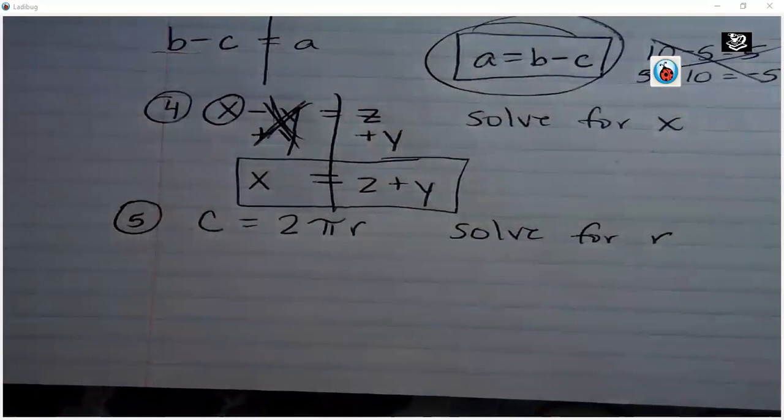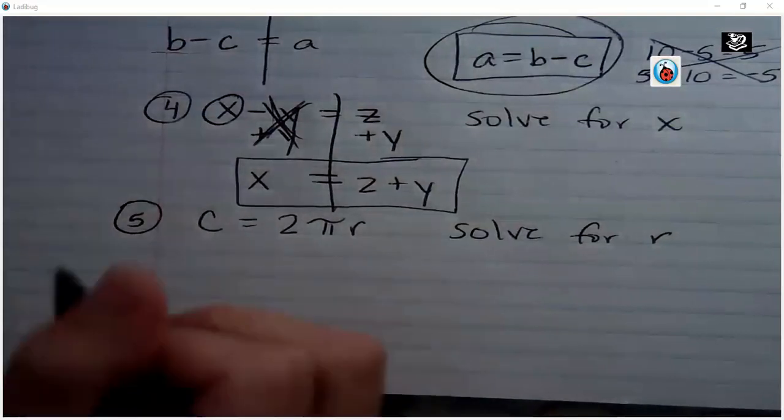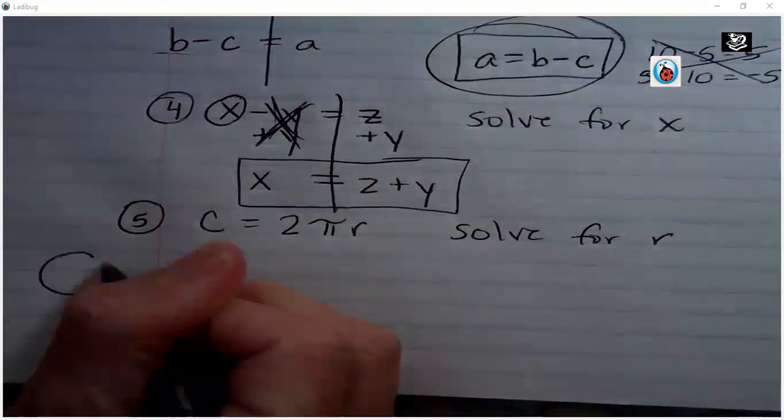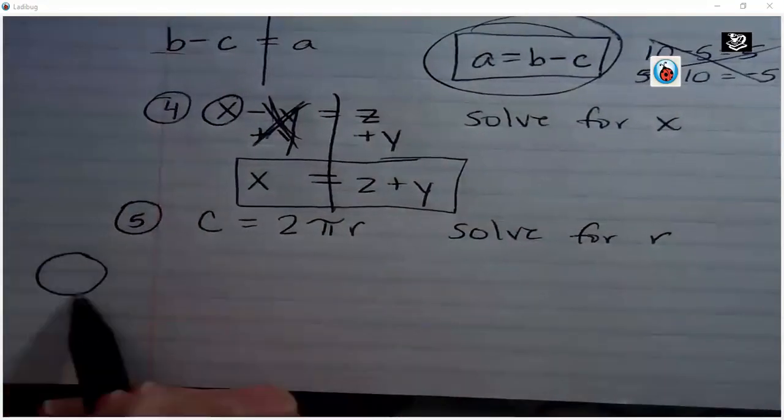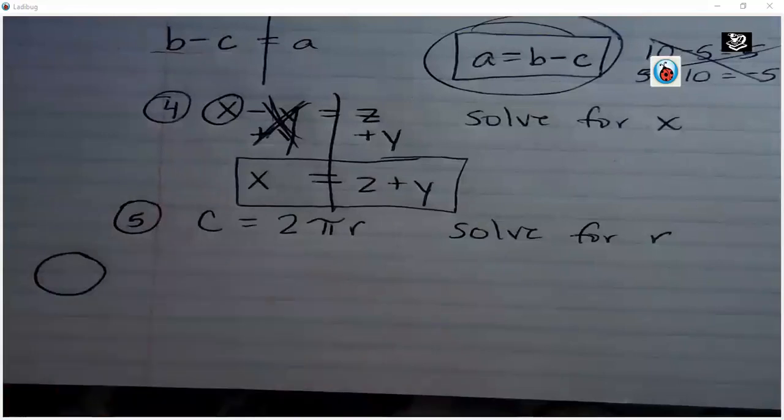But what does the formula mean? Anybody remember what it's for? Circumference. Circumference of a circle. So if you have a bicycle wheel, it'd be how long the rubber is around the bicycle. It's the circumference, okay?